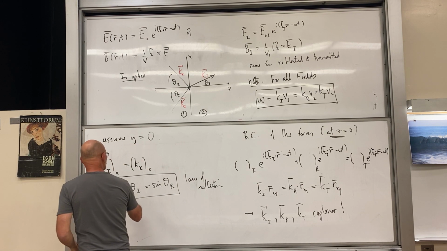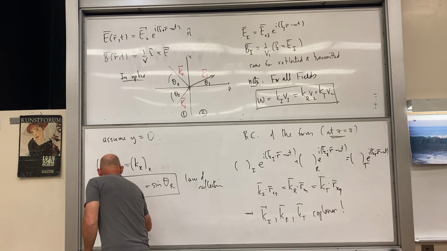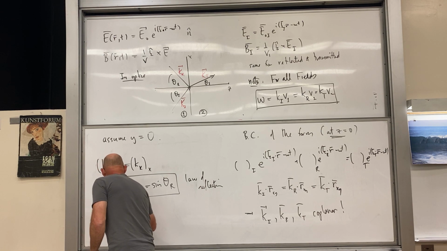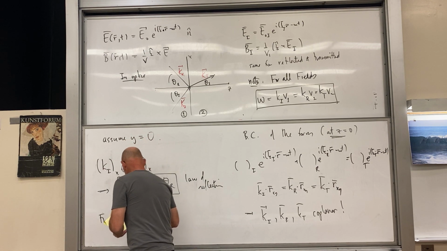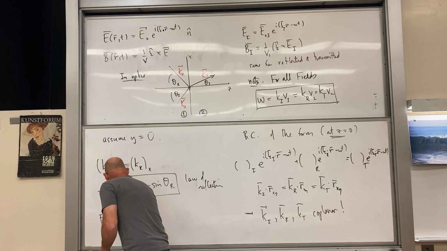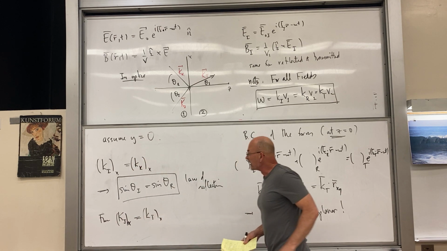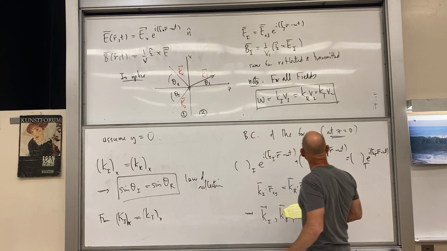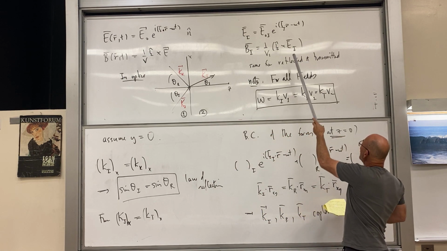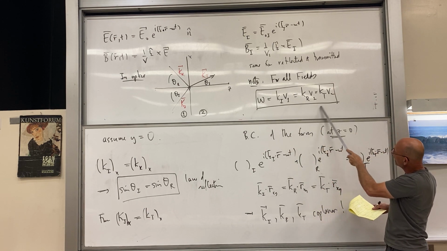Now we have k incident x component equals k transmitted x component, but the fact that the speeds are different on each side, remember omega was constant, and we had these relations right here.